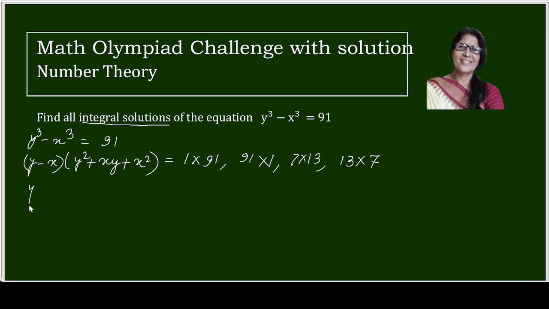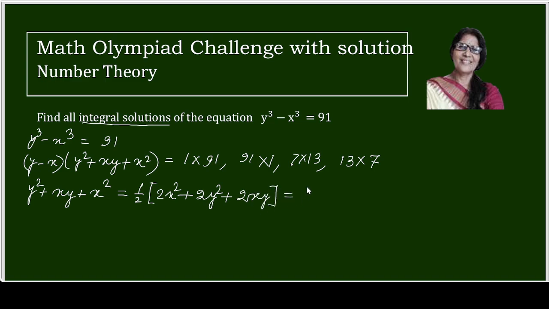Now if we observe y squared plus xy plus x squared, this can be written as half times (2x squared plus 2y squared plus 2xy).